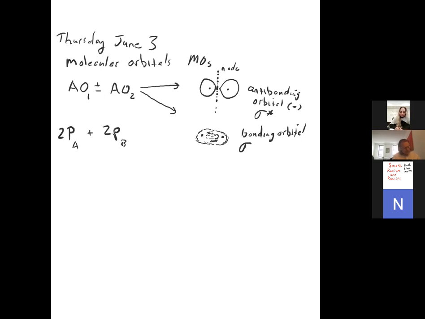Again, you get different possibilities. One is a bonding orbital that looks like this. This would be a sigma that's from a 2p. And then you can also get an antibonding orbital. It looks like this.